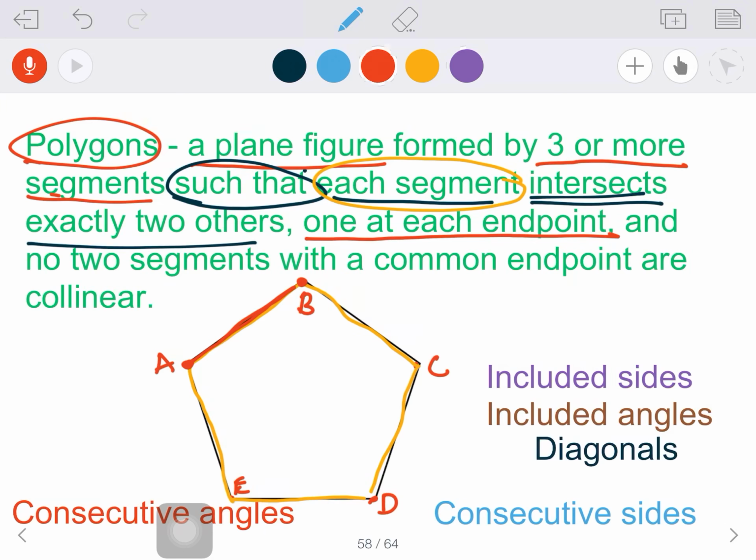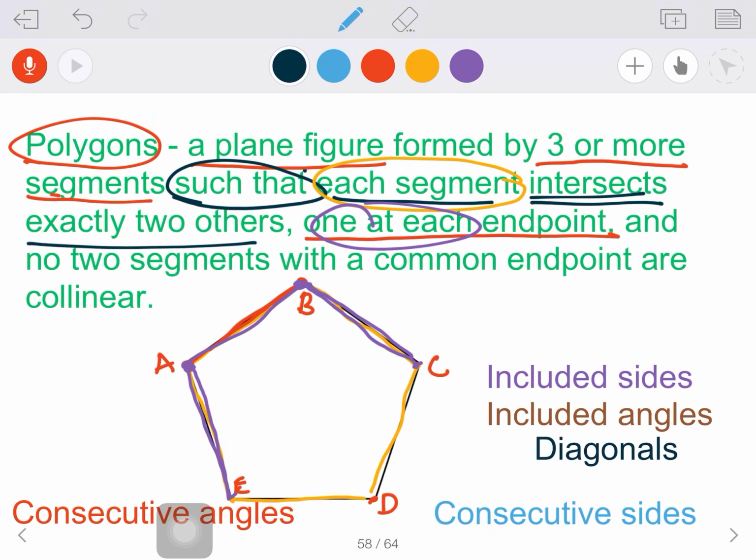As you can see, the endpoints of AB are points A and B. And AE, or EA, intersects AB at this endpoint. On the other hand, segment CB intersects AB at this endpoint. That's the meaning of that part.